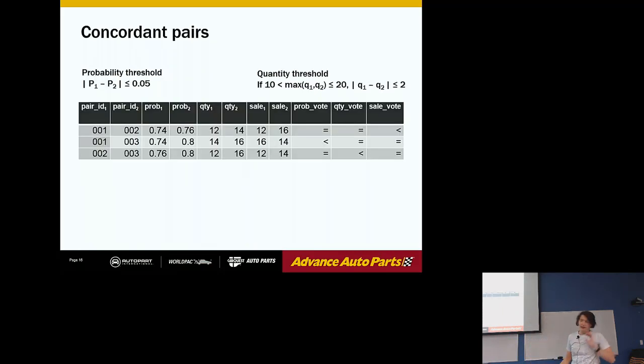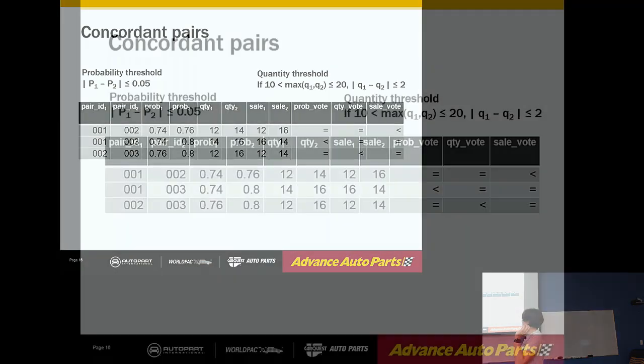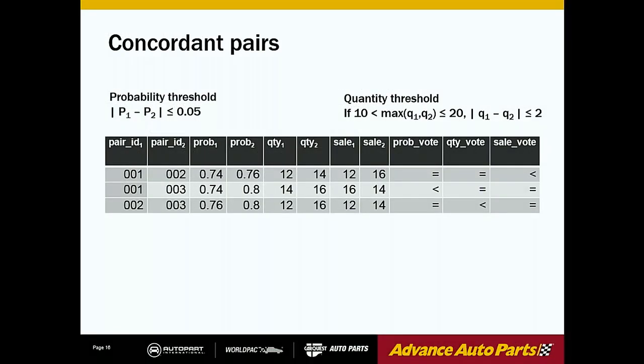Okay, now that we have a method to compare them and our thresholds, each of those can create a vote, and a vote can be less, more, or equal.